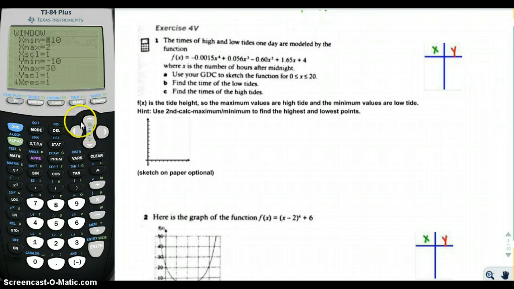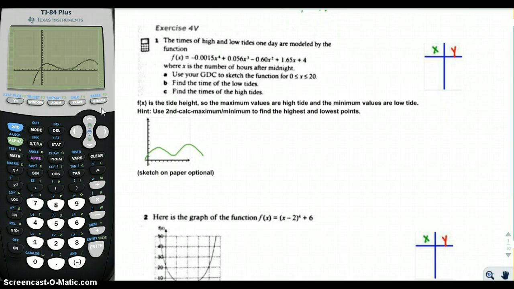Let's change our window so that it goes up to x max 20. Okay, now it'll be perfect for copying. Something like that. Okay, so it's kind of like that.